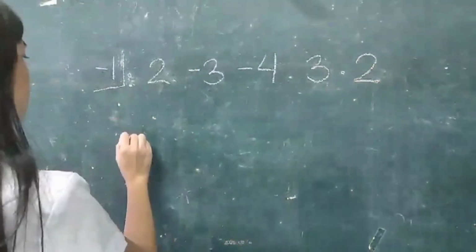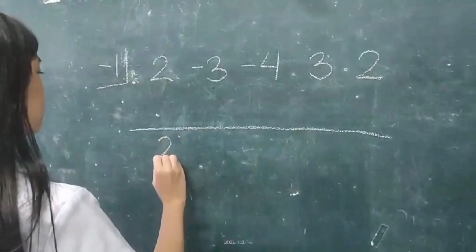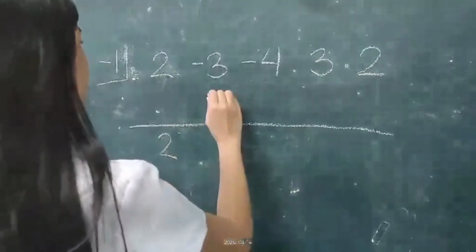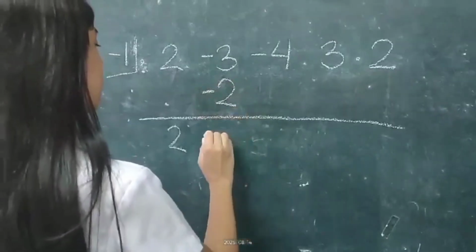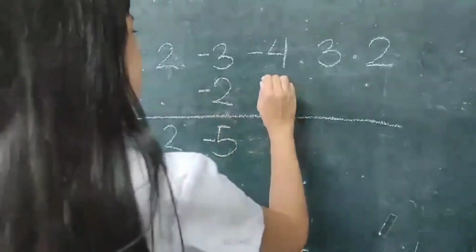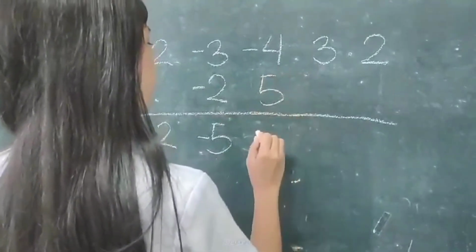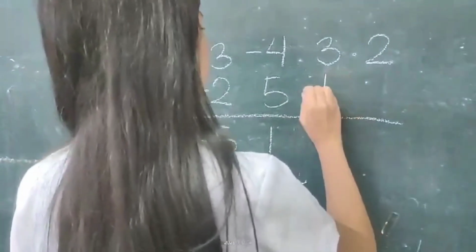After that, bring down the first coefficient of the dividend below the line. Then you're going to multiply it by the divisor, which is negative 1. Negative 3 plus negative 2 is equal to negative 5. Negative 5 times negative 1 is equal to positive 5. Then subtract the negative 4 and positive 5.